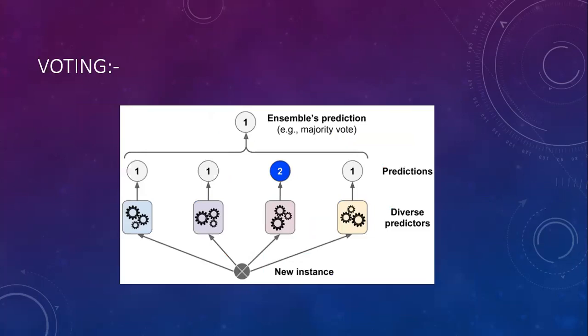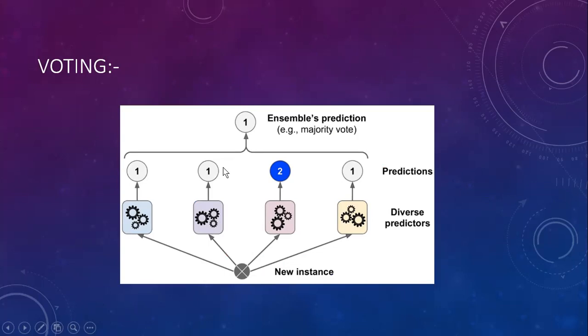So, voting. Likewise, I said these are different models, as written here: diverse predictors. Suppose this is a logistic regressor, this is KNN, this is decision tree, or this is random forest. These different models give their own individual predictions: one, one, two, one.